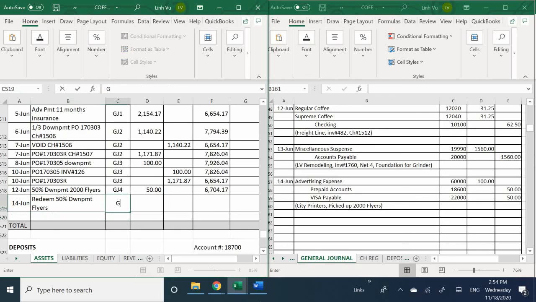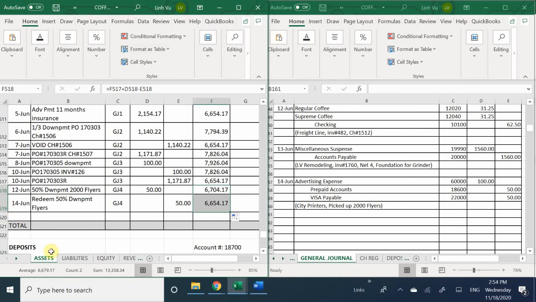General journal number 4. And I'm going to credit my account by $50, bringing now my account balance to $6,654.17. Good. So now I brought it back down to that 6,654.17.